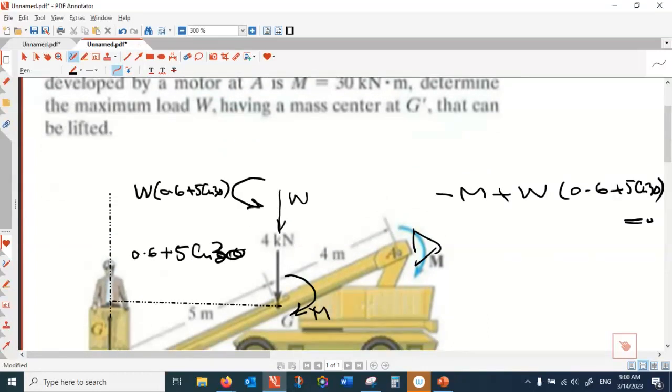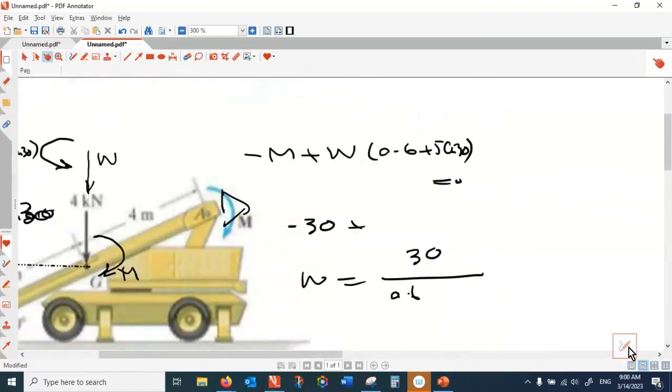So if you include minus 30 plus whatever, and once you find W, the unit would be in kilonewton. W would be 30 divided by 0.6 plus 5 cos 30, and whatever you find, that is in kilonewton.